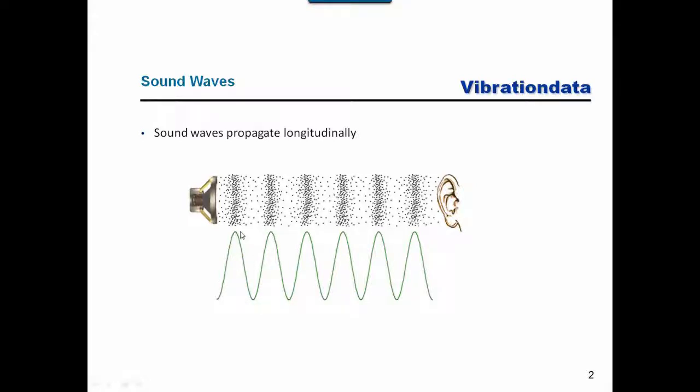You can see the peaks of the sinusoidal pressure correspond to the regions where the molecules are compressed together, and where the molecules are spread apart, that becomes the valleys of the sine function. That's just a very basic introduction to acoustic waves, and we'll probably have a later webinar where we go into more details about wave behavior.